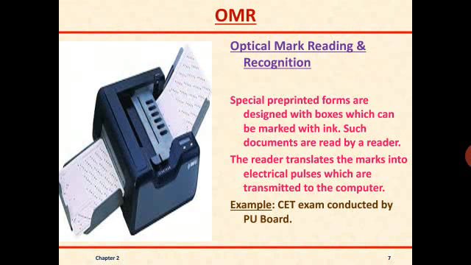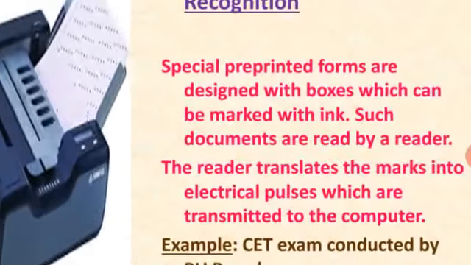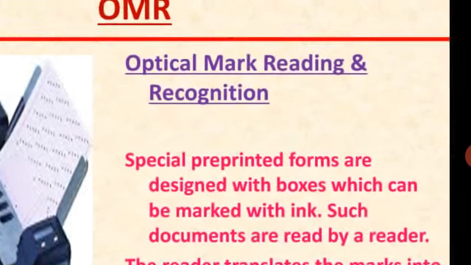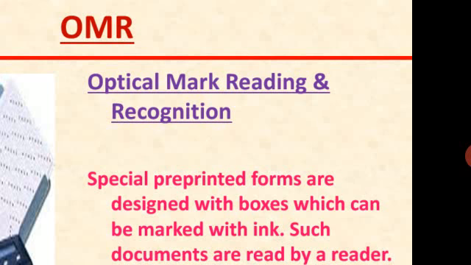The next input device is OMR. The full form of OMR is optical mark reading and recognition. What do you mean by this? It reads special boxes. Imagine OMR sheets, which you might have seen.